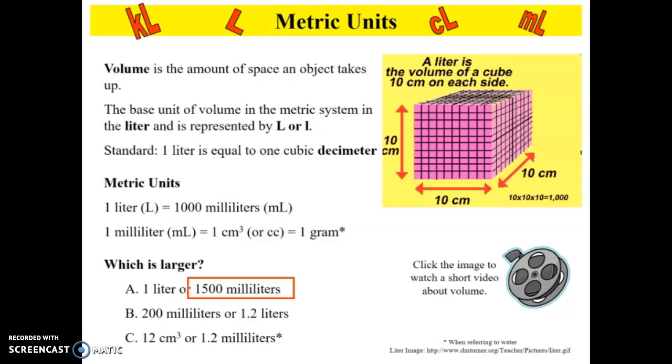So one liter is about 1,000 milliliters, so 1,500 milliliters is bigger. 1.2 liters is 1,200 milliliters, so that's bigger. Right, and 12 centimeters cubed is about 12 milliliters.